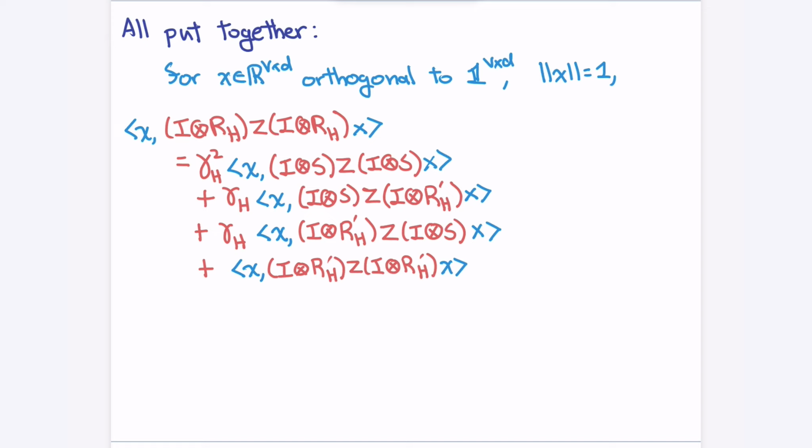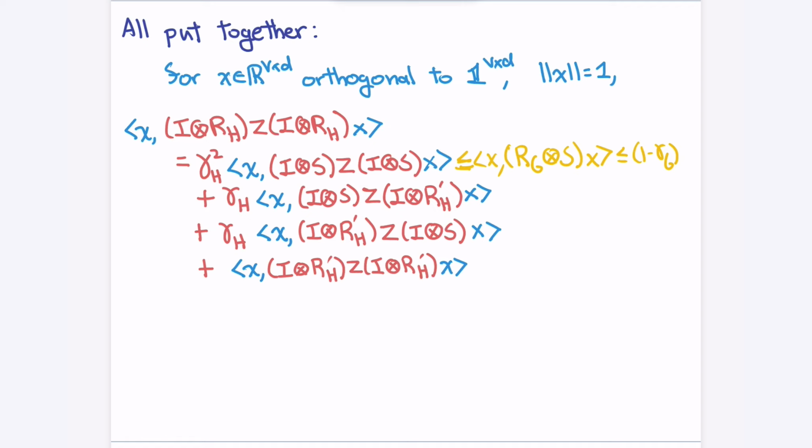Okay, so this term would be equal to, what was it? RG tensor S. Okay. So this will be at most 1 minus gamma G. Let's say it has unit length.